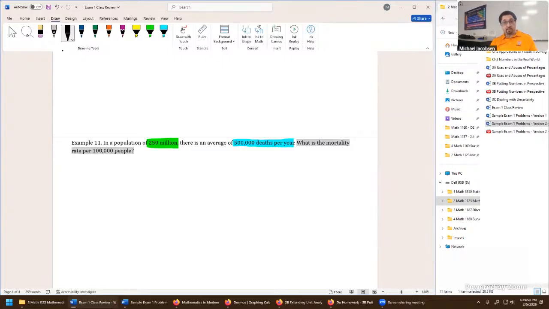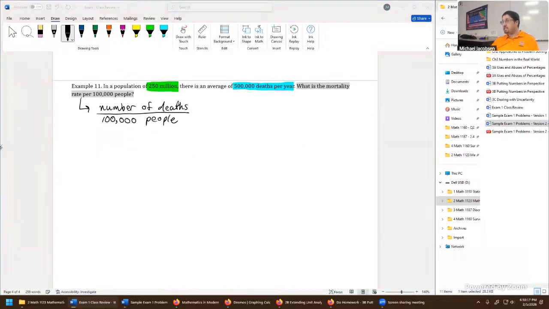And this is possibly a good thing to say in the notes. When referring to mortality rate in this context, we mean number of deaths per, I'll just express as a fraction bar, 100,000 people.